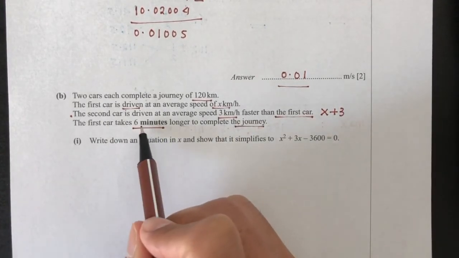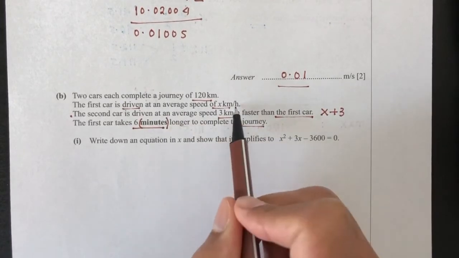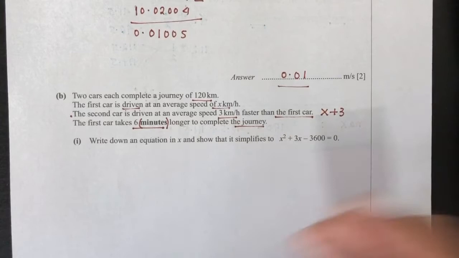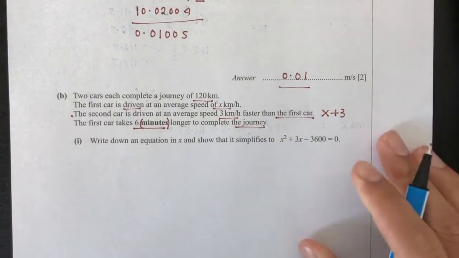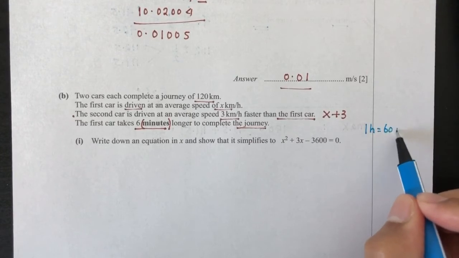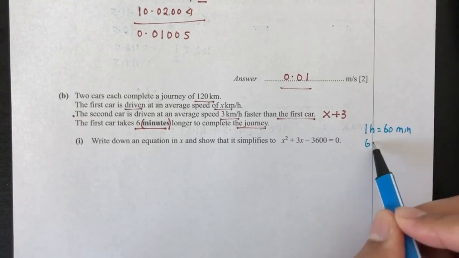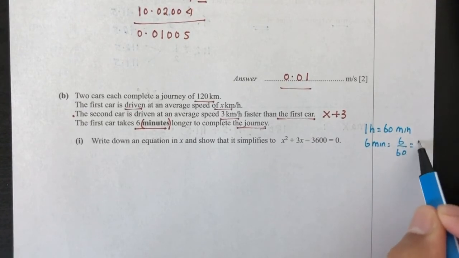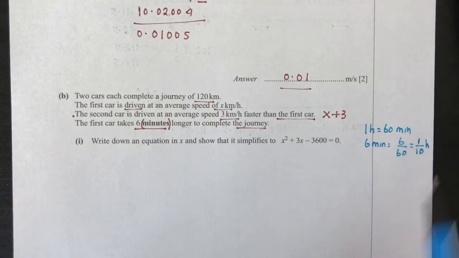So this one is in minutes, but your speed has been given in terms of hours. So how do you convert minutes to hours? 1 hour is 60 minutes. Now 6 minutes is 6 divided by 60, which is 1 over 10 hour.